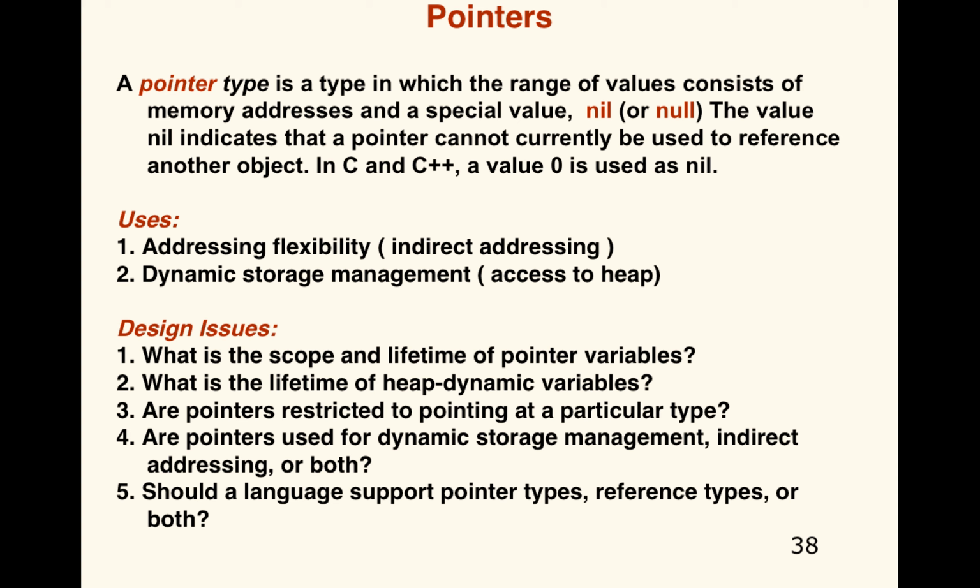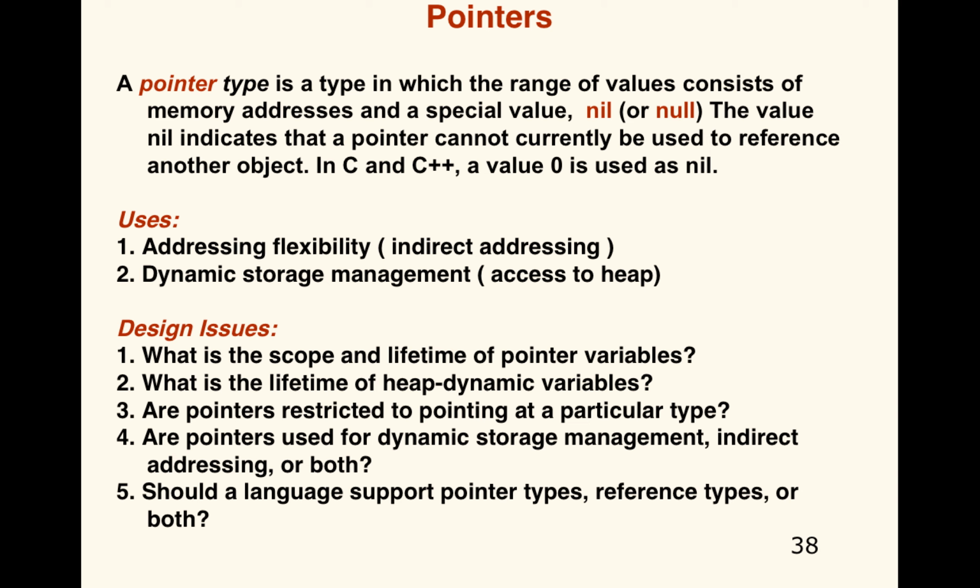So, some design issues or design considerations associated with pointers. We might ask the question, what is the scope and the lifetime of the pointer variable? When we create a pointer variable, does it ever go away? That's a good question. The scope and lifetime of pointer variables in the C and C++ languages are the same as regular variables.